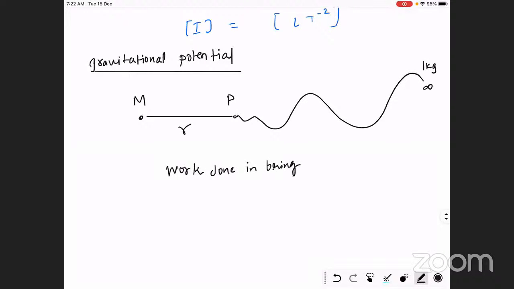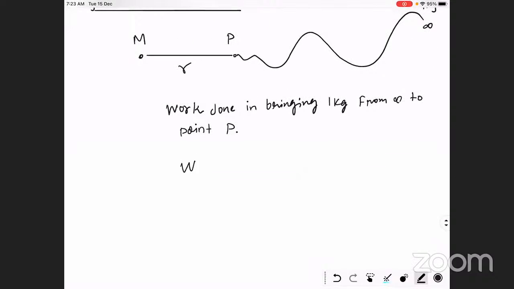The gravitational potential is equal to the work done in bringing 1 kg from infinity to point P. Could you understand that? So work upon 1 kg is the gravitational potential. So M0 L2 T minus 2. I believe this should be the dimensional formula of gravitational potential.